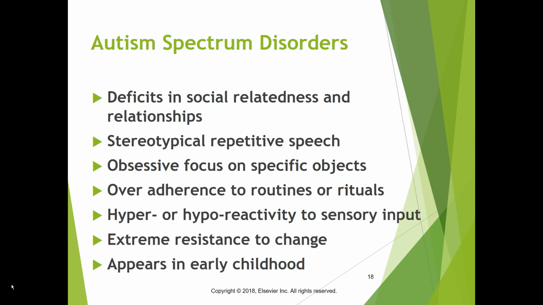Extreme resistance to change really goes right along with the over adherence to routines or rituals. So anytime that ritual is interrupted, then those kids really have a hard time. I've also heard some stories about kids with autism, and how family, especially extended family and relatives, often don't really understand this disorder at all.